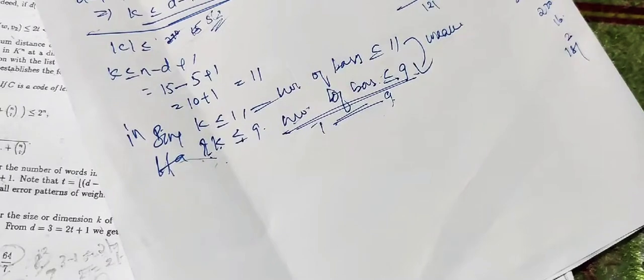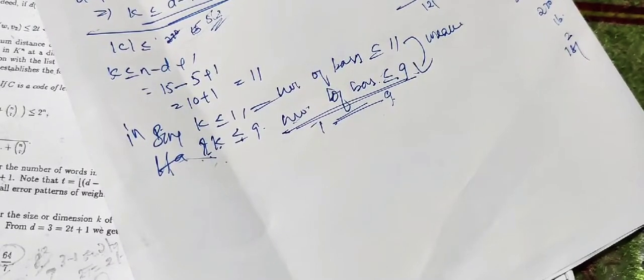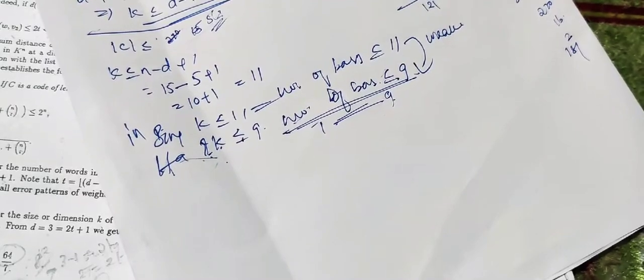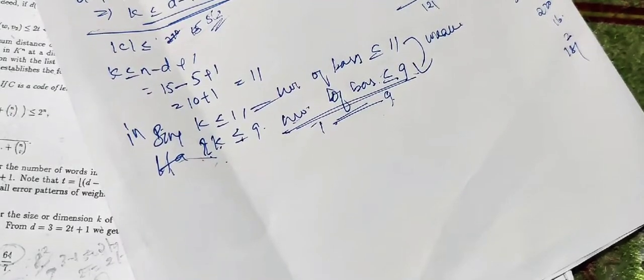Basis elements, so which is better? With 9 elements, 1 up to 9 elements, we can generate the linear code, and here k is less than or equal to 11, so 11 elements generate the linear code.